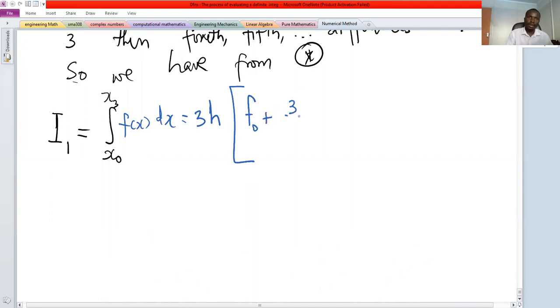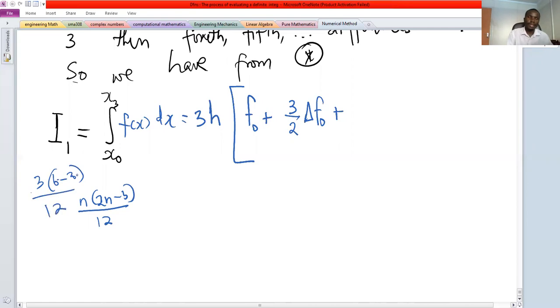N you put 3, so we'll have 3/2 forward f0 plus n into 2n minus 3 over 12. So 3 into 3 times 2 is 6 minus 3 over 12. 6 minus 3 is 3, times 3 is 9. So 9/12 is the same as 3/4.